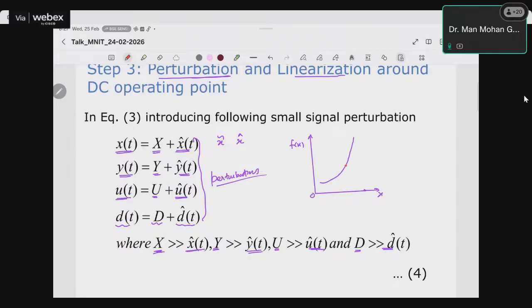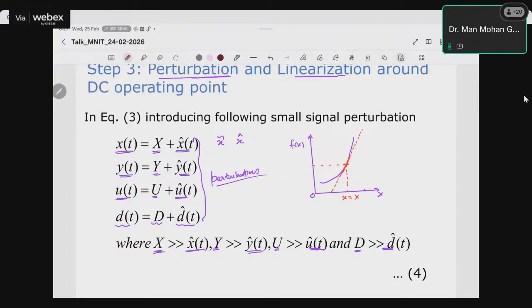Most of the time my system is working at a nominal point, let's say x equal to X. If there is a slight variation near this X, which is always possible, then I want to linearize my curve, my characteristics or dynamics, near this operating point. So if I linearize around this operating point, my dynamics will be somewhat like this.